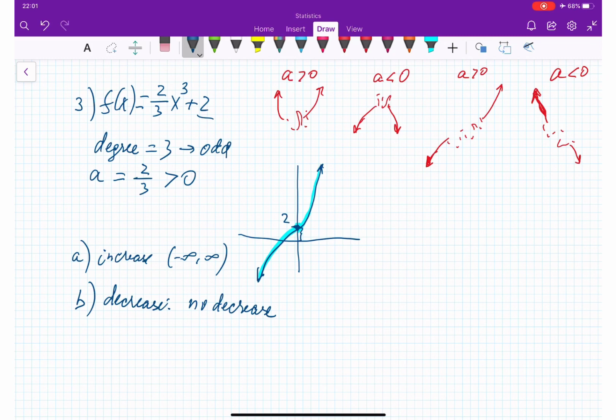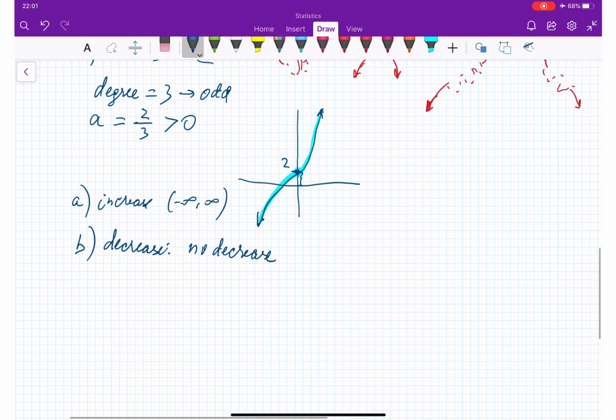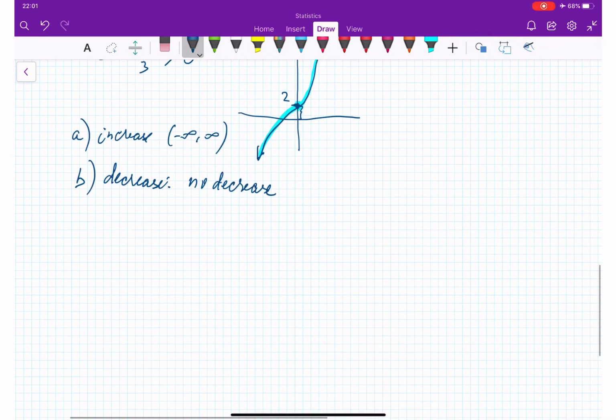So next we need to sketch the graph of the polynomial. Question number 4. Sketch the graph of the polynomial f of x is equal to negative x plus 3 cubed, plus 3.